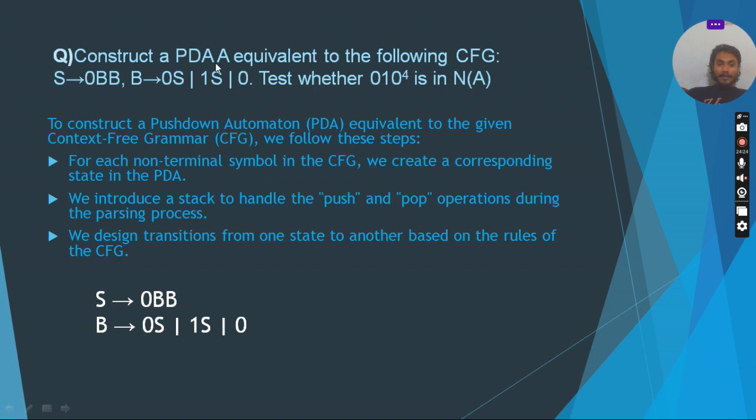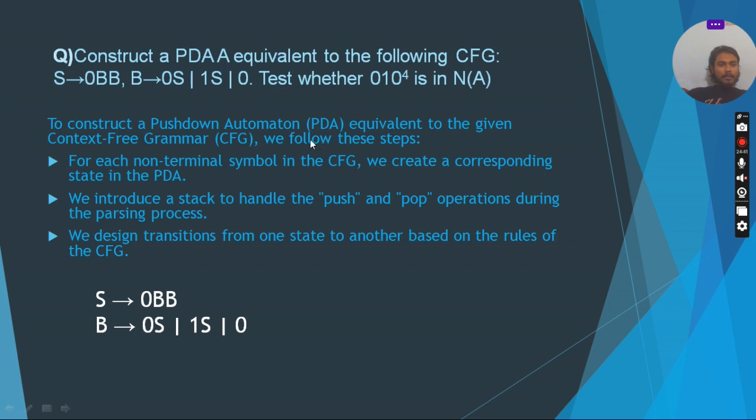Construct a PDA equivalent to the following CFG: S tends to 0BB and B tends to 0S, 1S, 0. Test whether 0 1 0 to the power 4 is accepted.